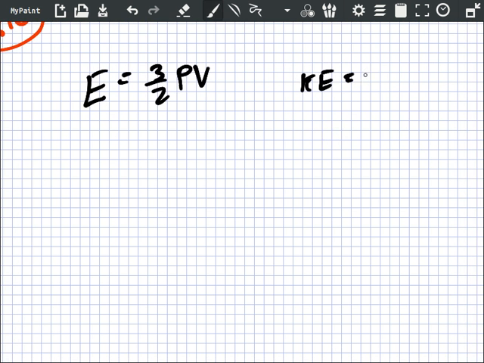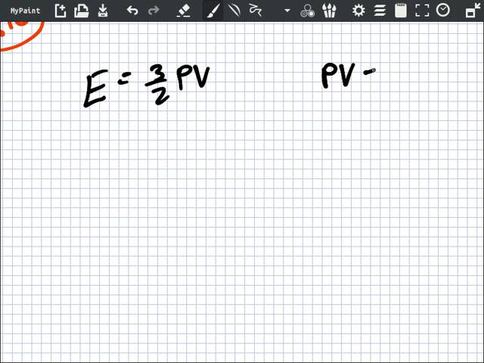What was the other one we had? 3 over 2 kT or something. So 3 over 2 PV equals 1 over 2 mu squared. Anyways, it doesn't matter.